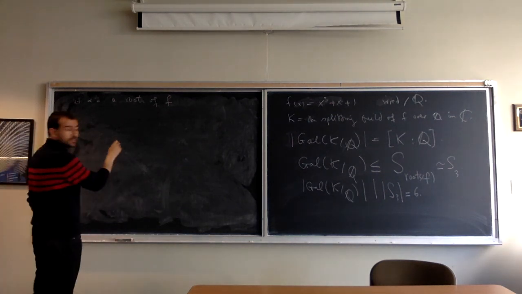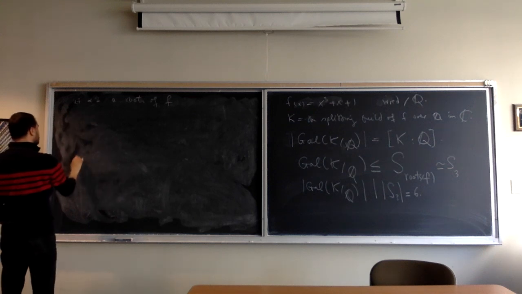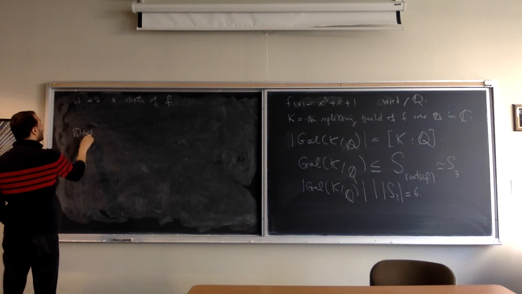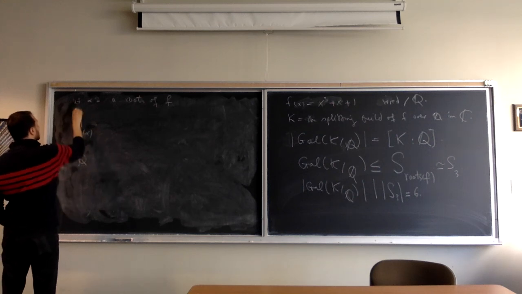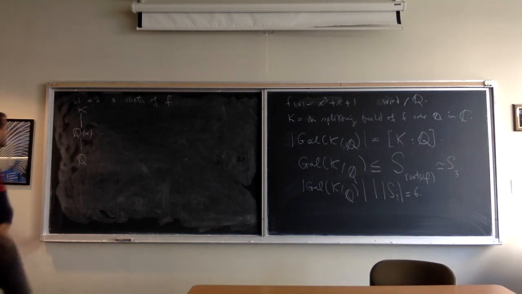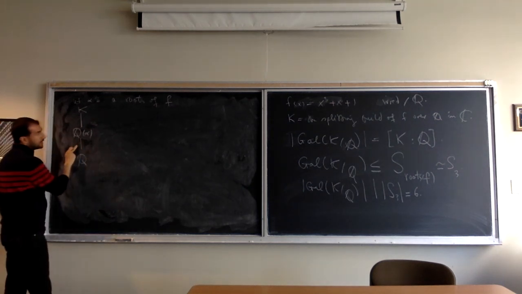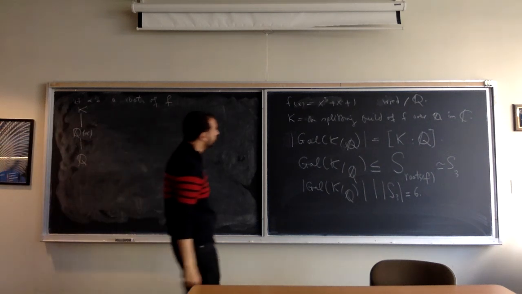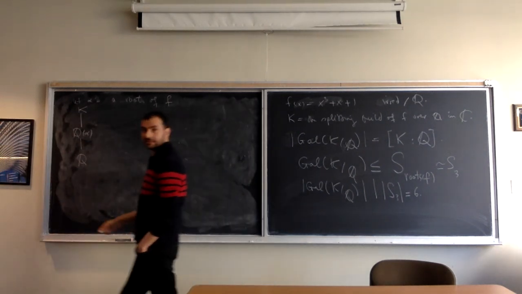Okay, so now what does our diagram look like? You've got Q, then Q adjoin alpha, and then K, the splitting field. What's this degree? Because alpha is a root of f, which is irreducible of degree 3, that degree is 3.